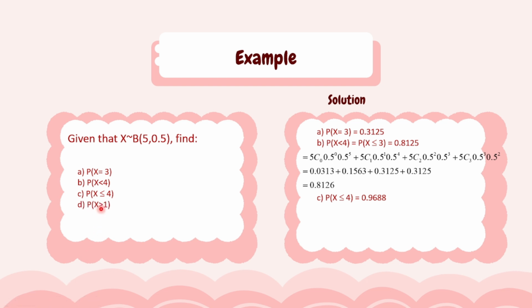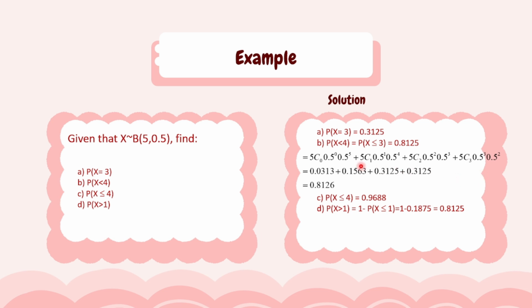Okay, the probability of x greater than 1. Greater than 1 means 2, 3, 4, 5. If you want to calculate manually, we calculate the probability of x greater than 1, so 2, 3, and then 4, 5.